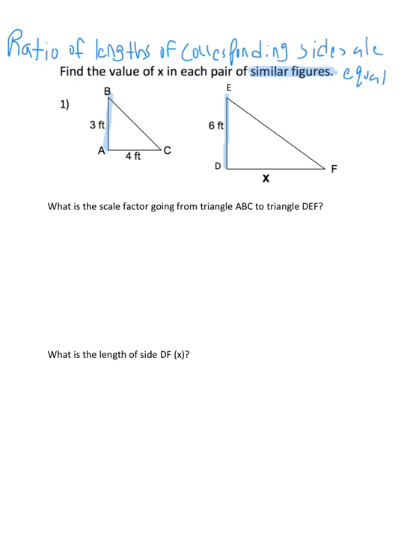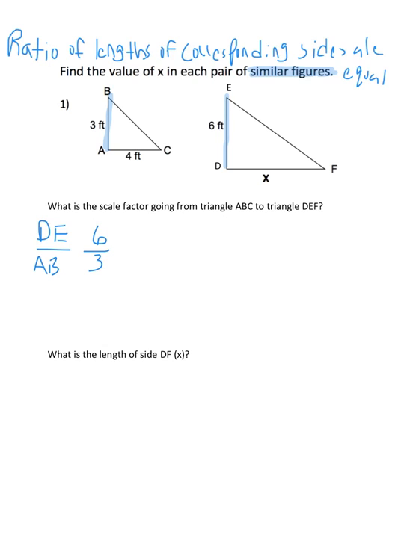Now if we're looking at AB and DE, we know DE is twice as large as side AB. And if you're saying, how do we know that? Well, if we set up this ratio, side DE to side AB, we'd set it up as 6:3.